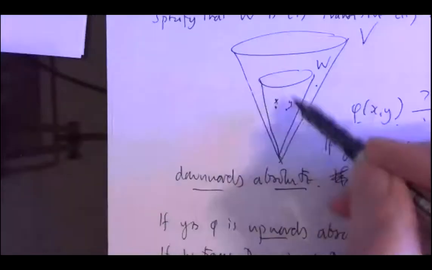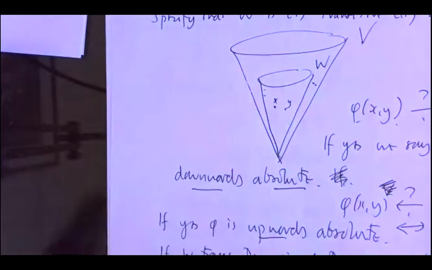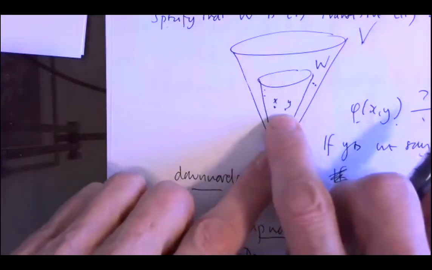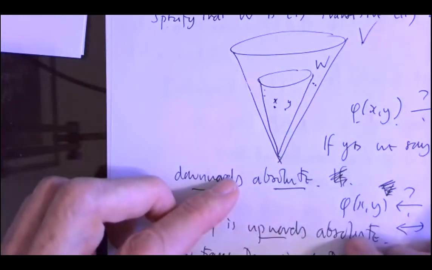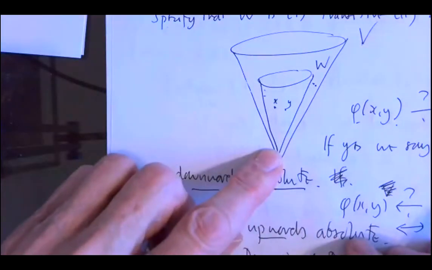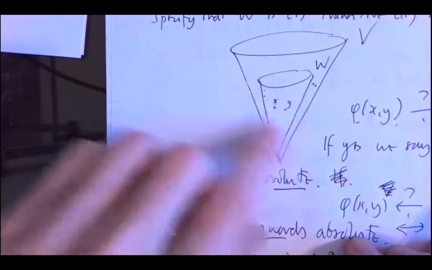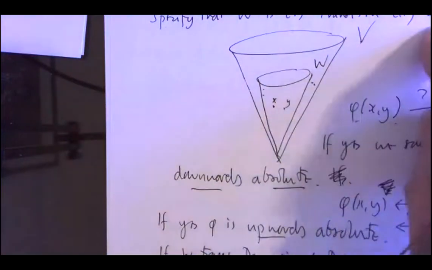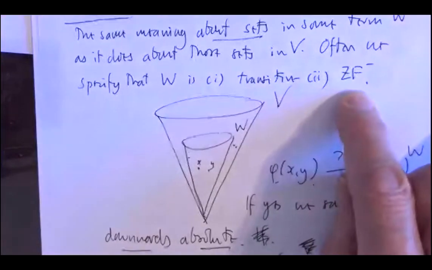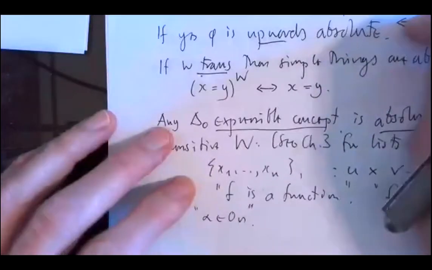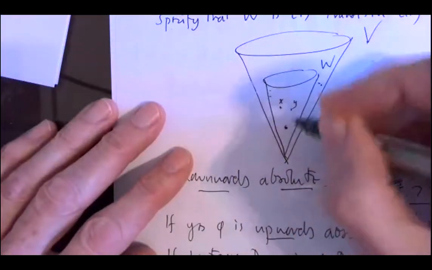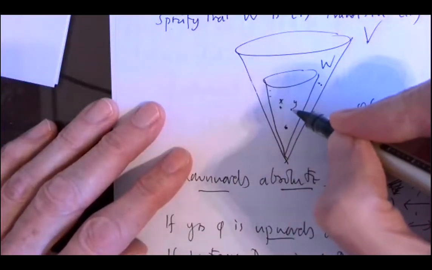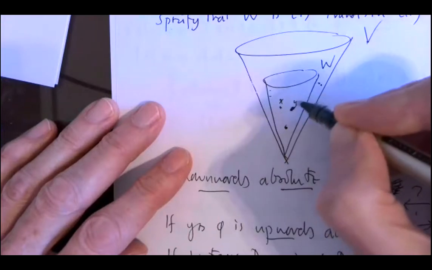So if W is transitive and it's also a ZF minus model, then it can form things like pairs and unions and Cartesian products, because those axioms, anything that you can form in set theory without the power set operation, W will have something like that in there, if it's a model of ZF minus as well. I hope it was sufficiently clear.